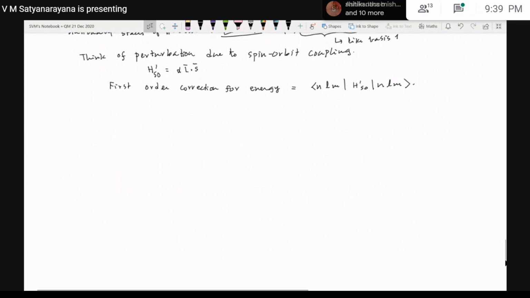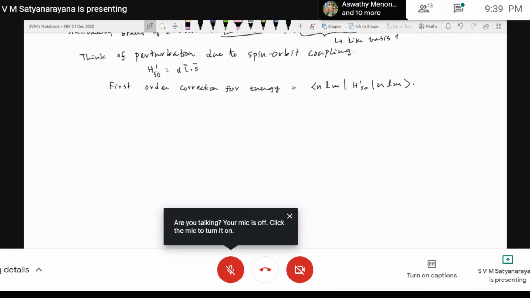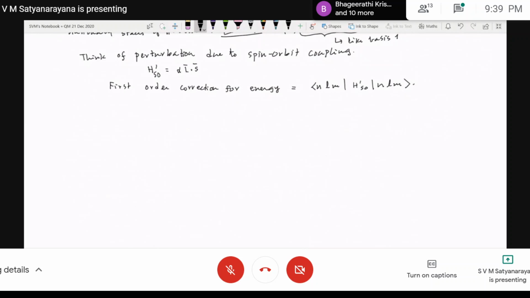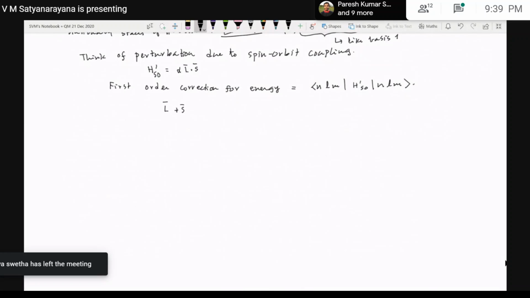But now notice that these n, l, m are not eigenstates of this L dot S. So it is necessary to write this n, l, m in terms of the eigenstates of L dot S. L plus S is the total angular momentum, and the square of this is J square.